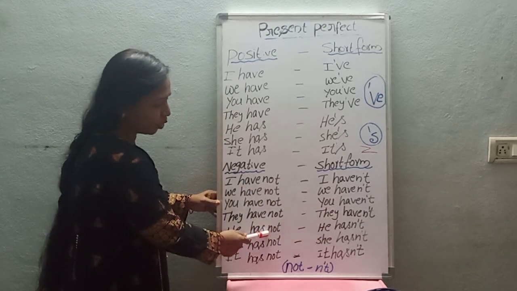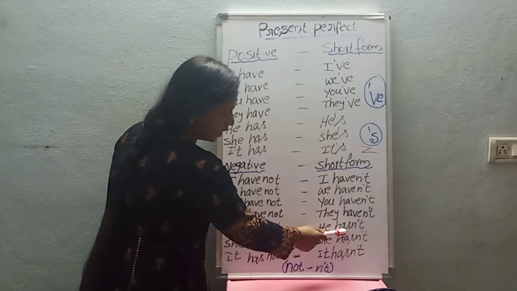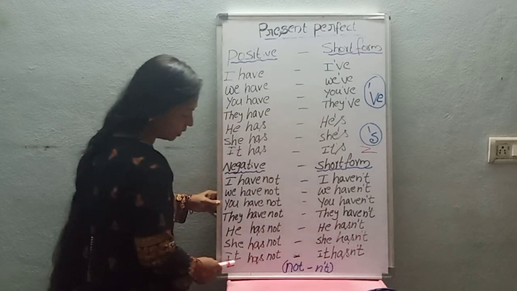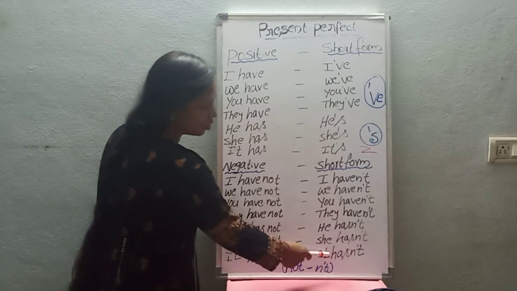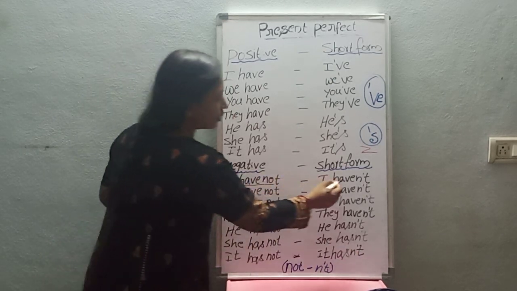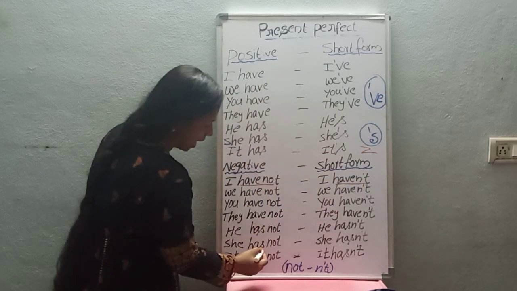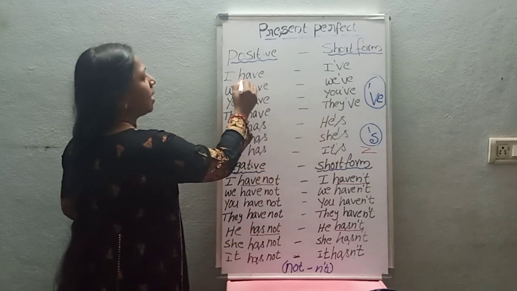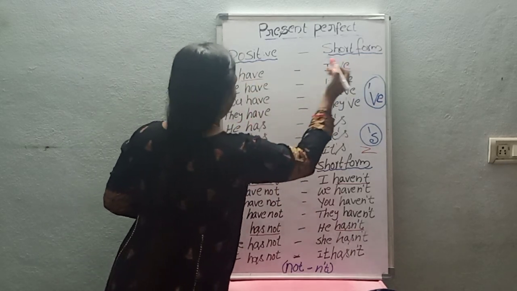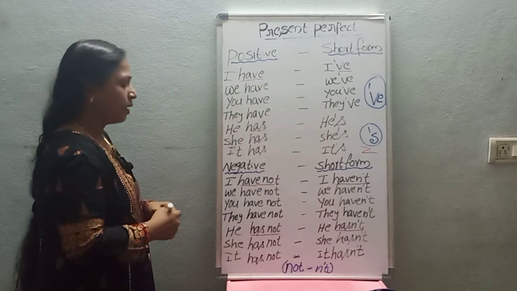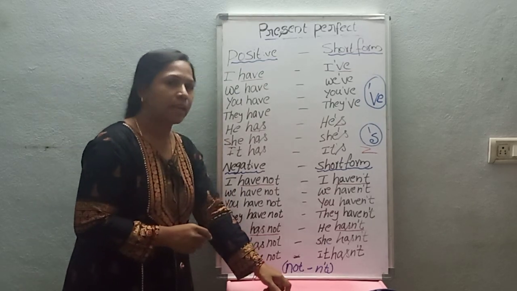He has not becomes he hasn't. She has not becomes she hasn't. It has not becomes it hasn't. So here have not changes into haven't, and has not changes into hasn't. Here have changes into 've, and has changes into 's.